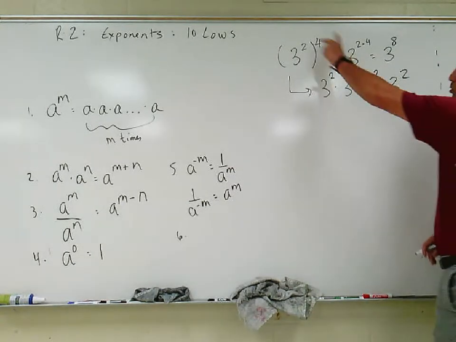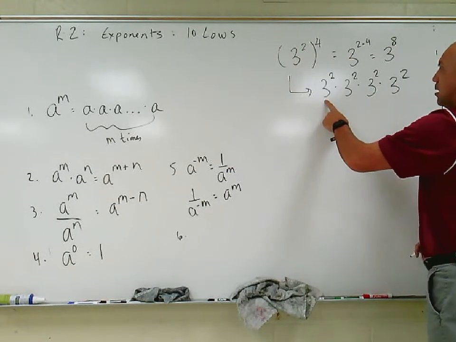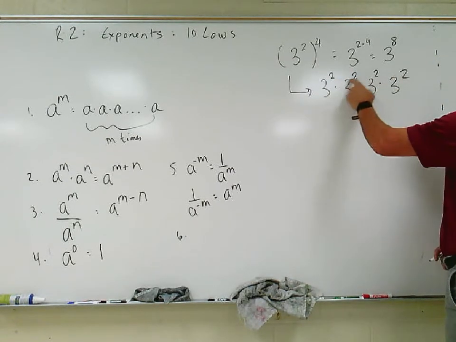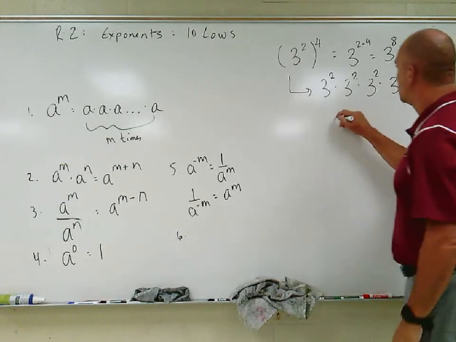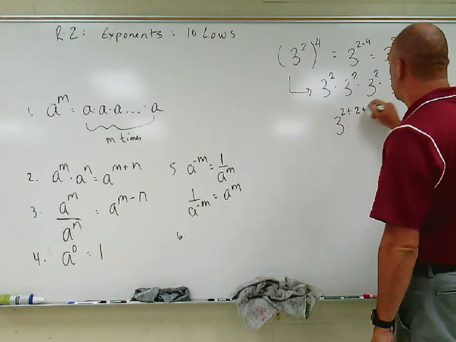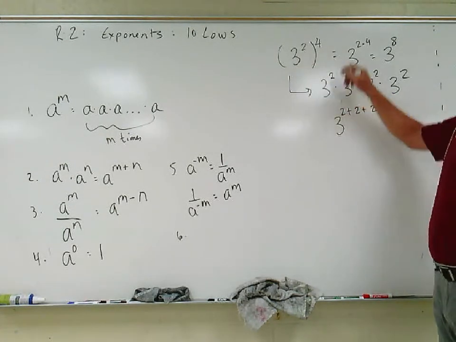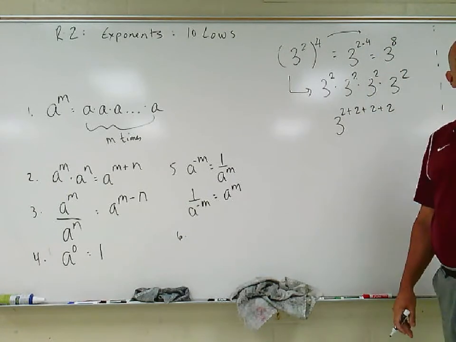So that's what this means. And then when I multiply, what do I do with all the exponents? I add them. So this means 3 to the 2 plus 2 plus 2 plus 2. Well, adding 2 up 4 times is the definition of what? 2 times 4, multiplication. Here's your 4 2's. Nobody wants to go this way, you just want to remember the shortcut.